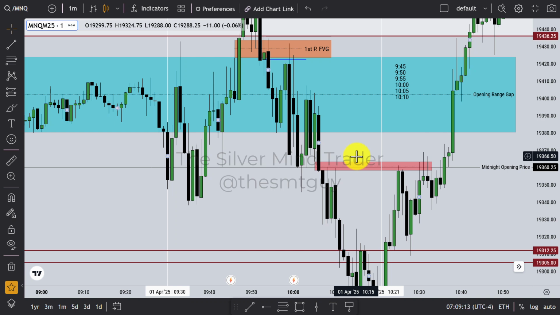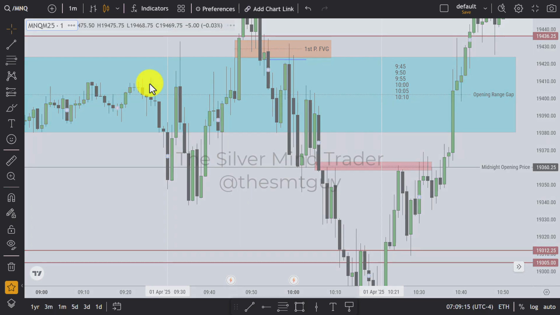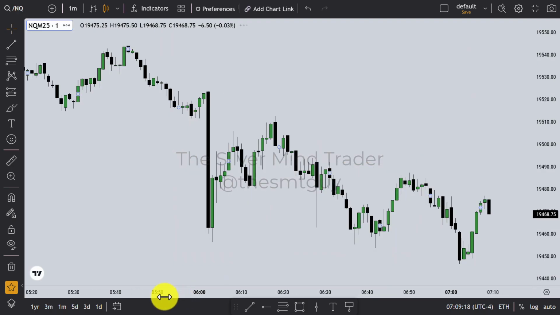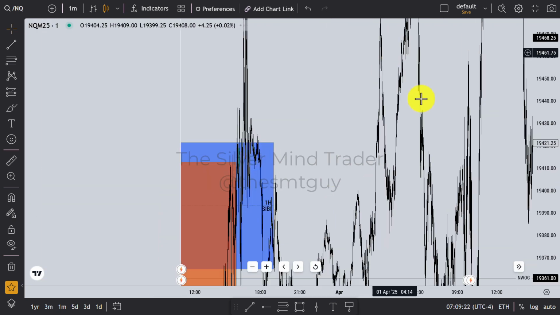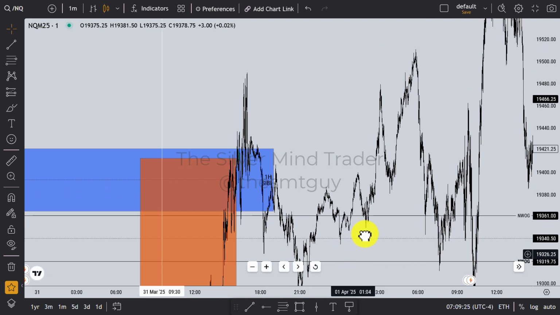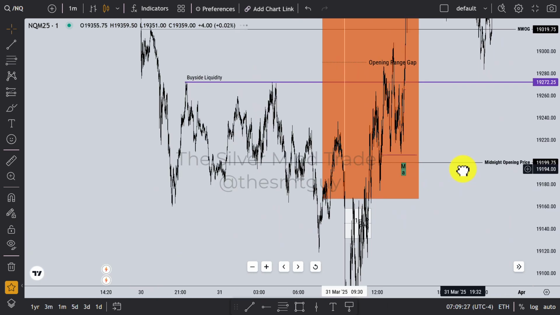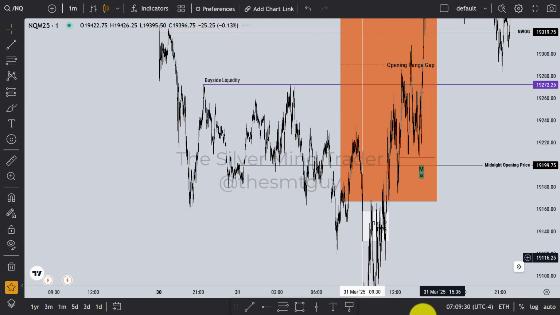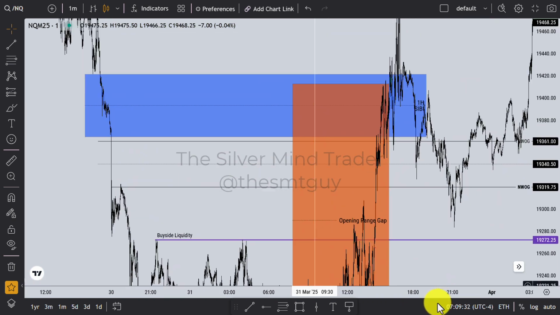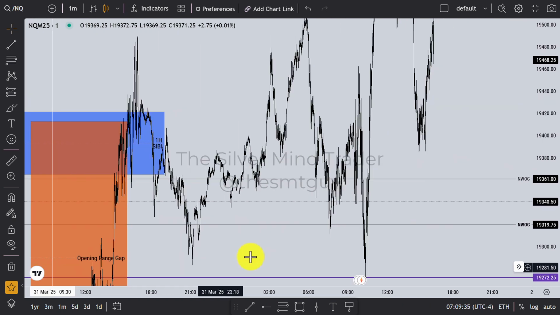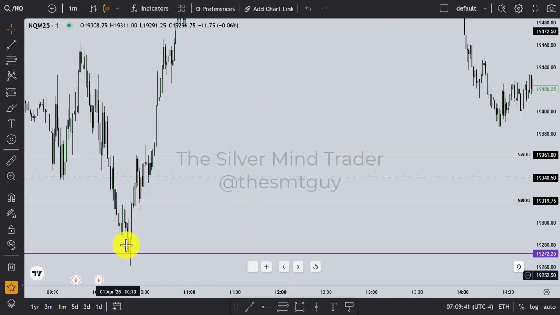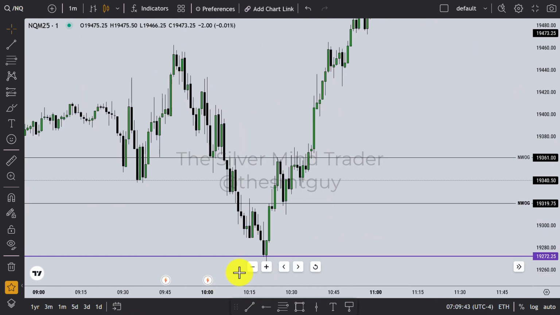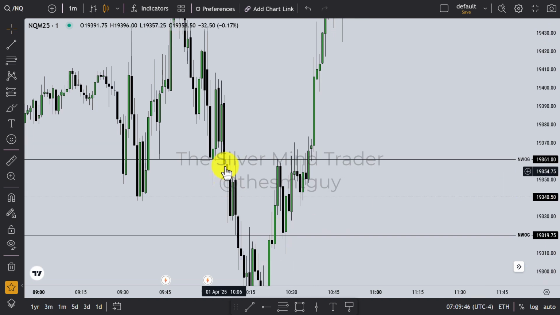Let me show you. So this is still the same chart, but I don't have annotations here.